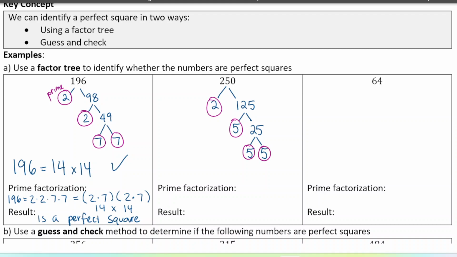So 250 is equal to 2 times 5 times 5 times 5. And if I try and put those numbers into 2 equal groups, I can't. So this is not a perfect square. If I had 250 objects, I could not arrange them into a square shape, because I can't arrange the prime factors into 2 equal groups.